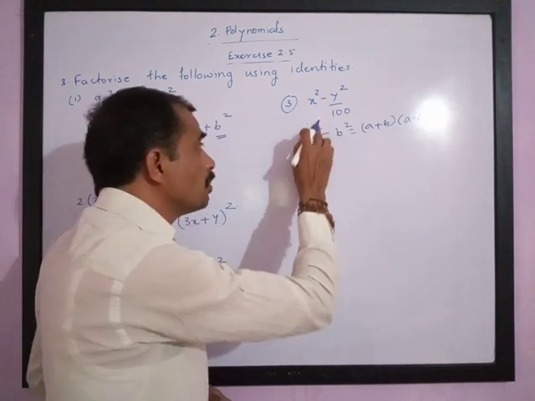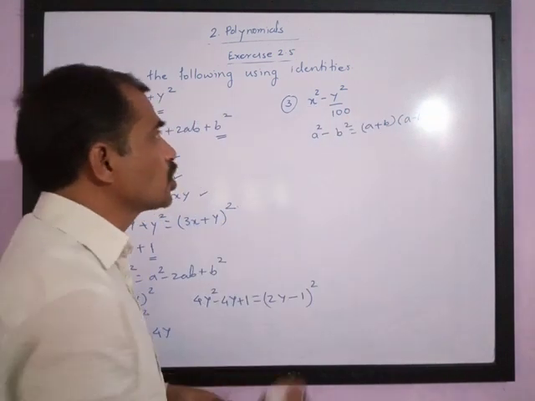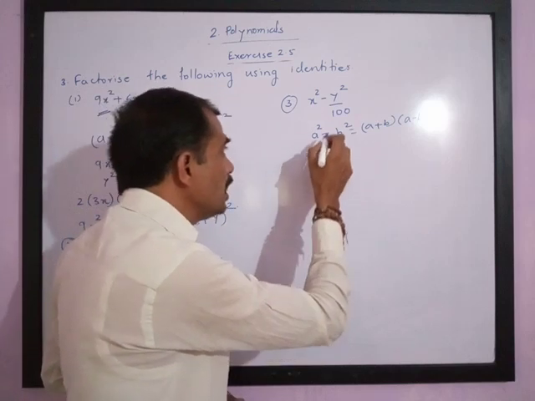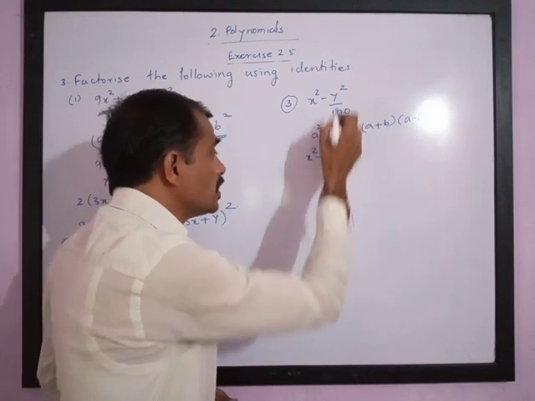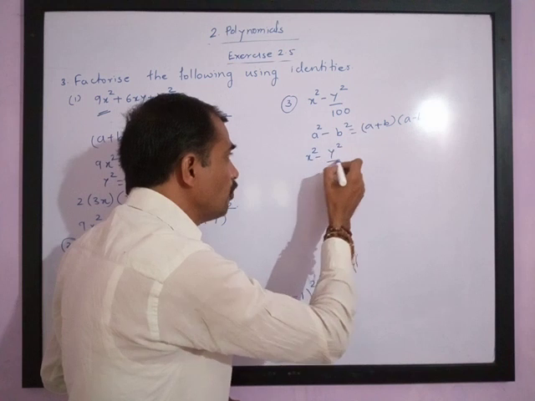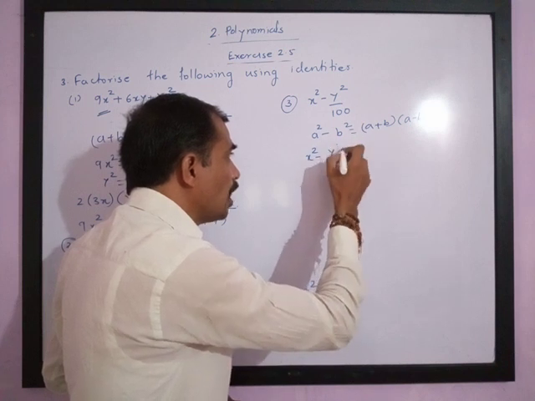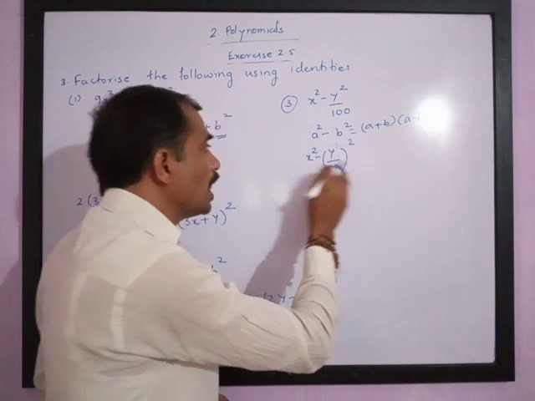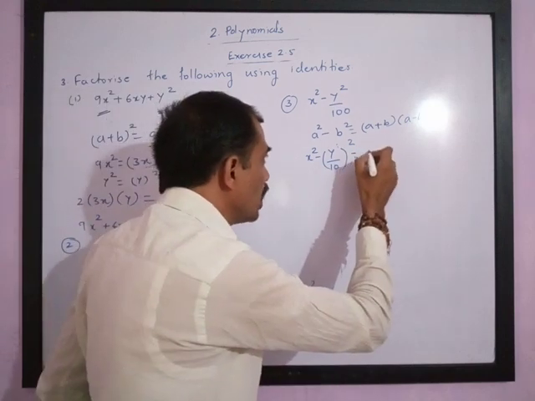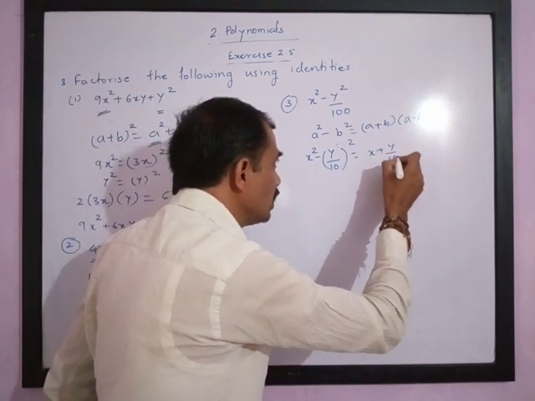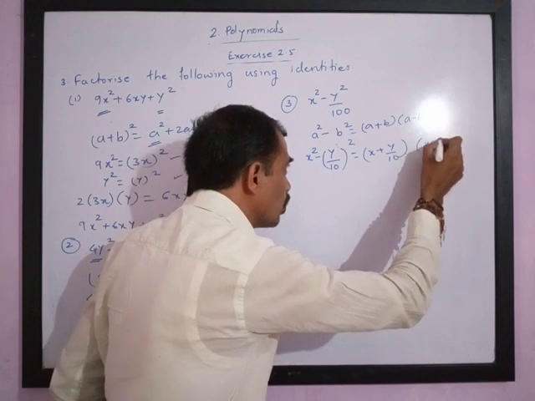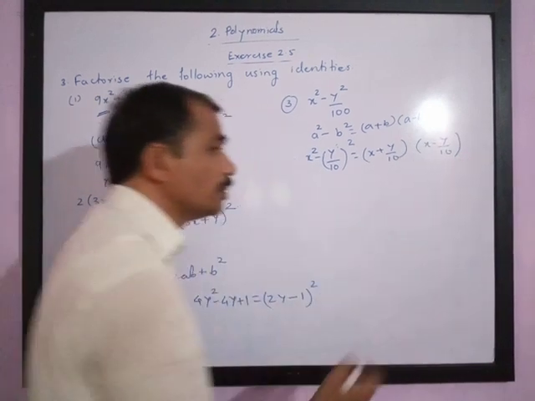Since the first term is a perfect square of x and the second term is also a perfect square of y upon 10, we can write this as (x plus y upon 10) into (x minus y upon 10).